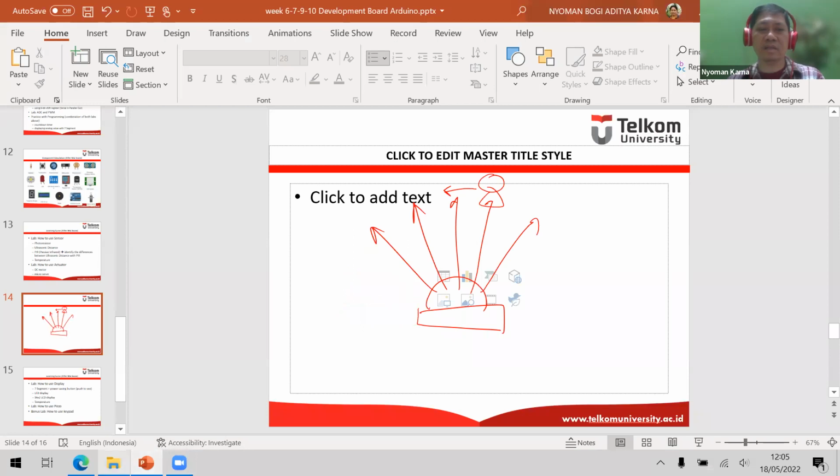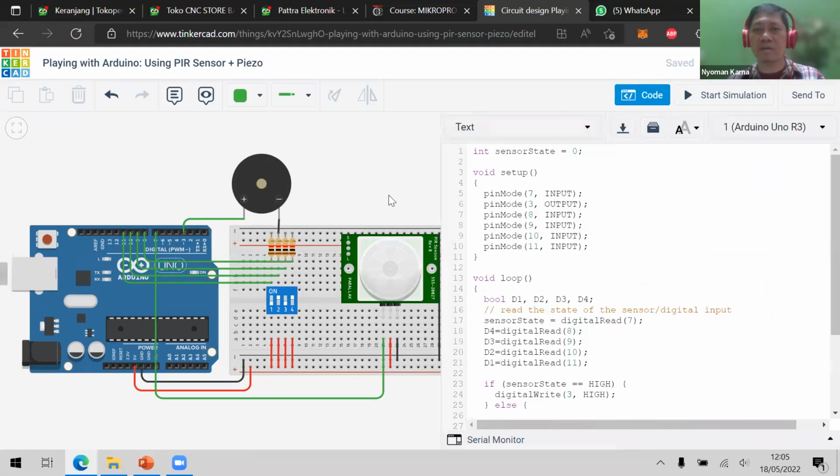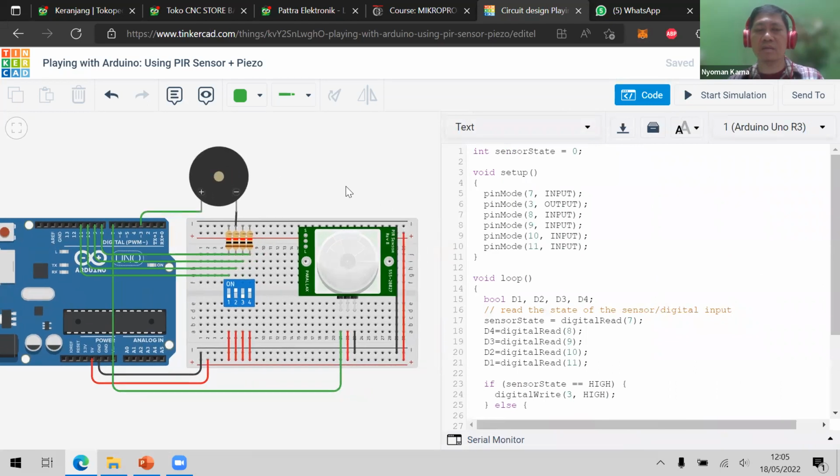Now let's test our circuit, and this is our code. Actually, it's an already applied circuit. It's something like a home security system.